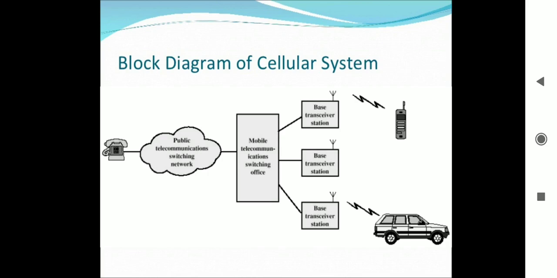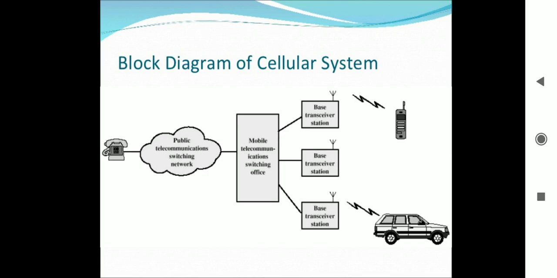Cellular systems were initially designed for mobile terminals inside vehicles with antennas mounted on the vehicle roof. You can see in the block diagram one vehicle shown as an example. Today these systems have evolved to support lightweight handheld mobile terminals operating inside and outside buildings, both at walking and at vehicle speeds.